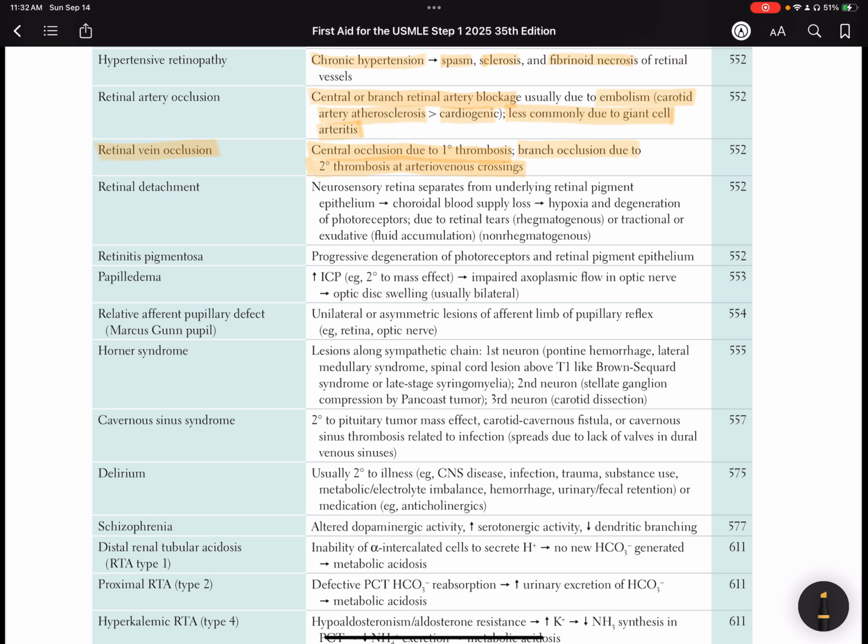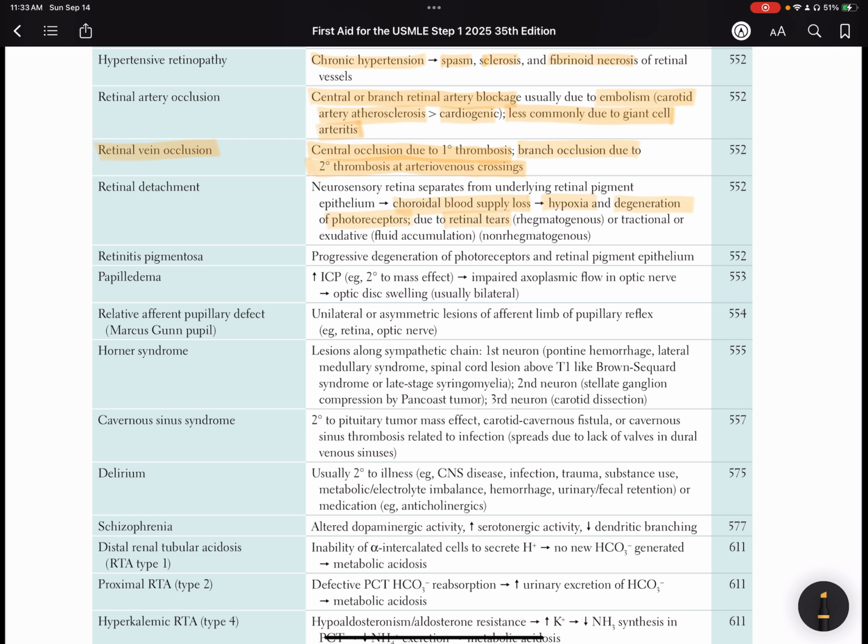What causes retinal detachment? In retinal detachment, the neurosensory retina separates from the underlying retinal pigment epithelium, leading to choroidal blood supply loss, causing hypoxia and degeneration of photoreceptors.